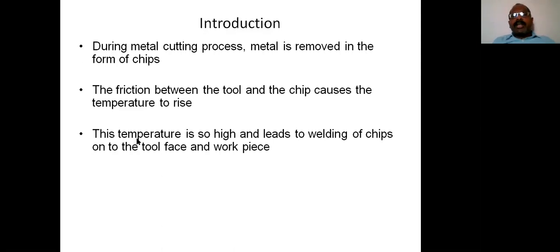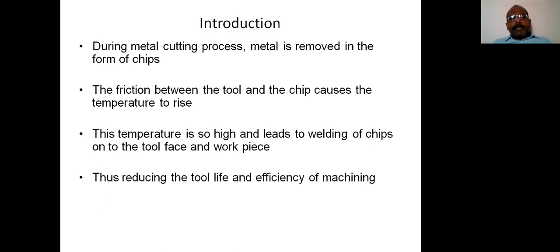For that purpose, the simple thing required is applying a fluid flow between the working surfaces, that means between the job and the tool. Already we discussed that the temperature rise reduces the tool life and the efficiency of machining.